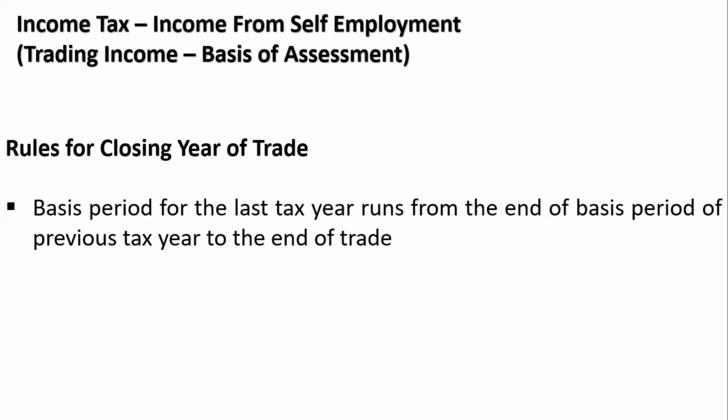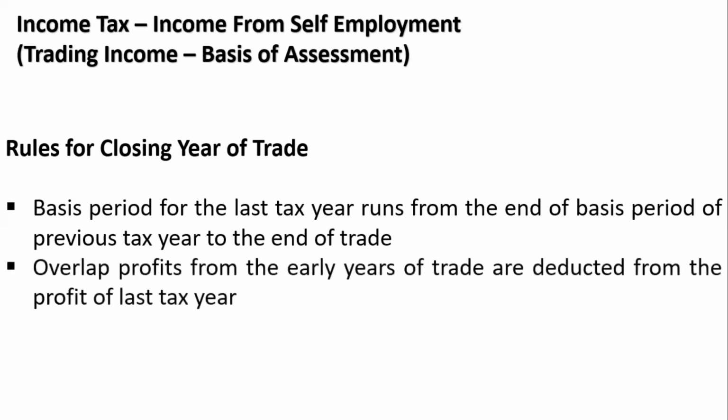Let me tell you, 31st December 22 also falls in 22-23. So we will not only assess this profit, but another 3 months, October, November, December, whatever those profits are, we will assess all these profits in the last year. So that's the basic rule.